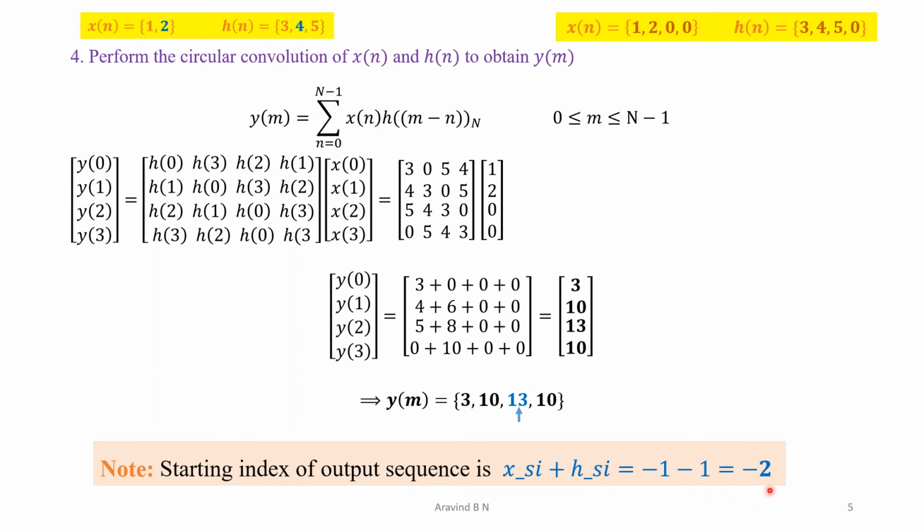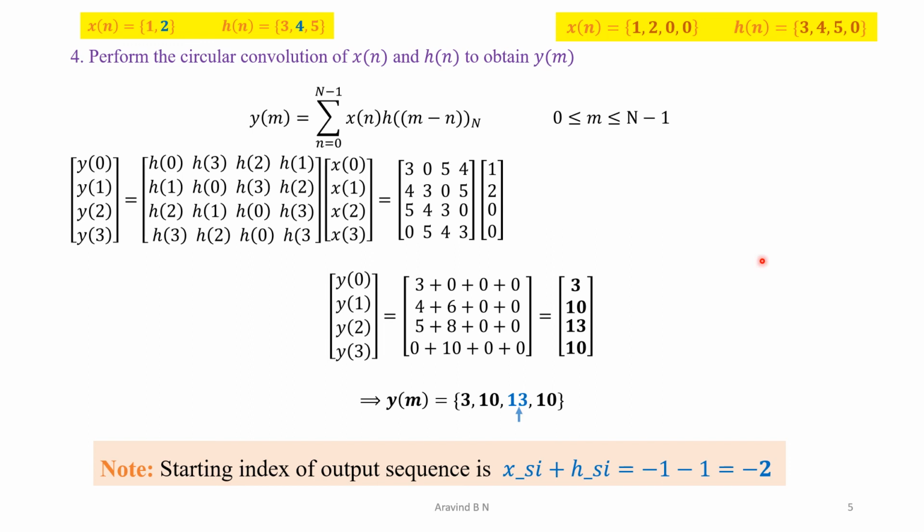Therefore, we get the position value of the very first element in y of m as minus 2. So the position of the value 3, the very first element in y of m, is minus 2. Then position minus 1, then this is 0. That's why 13 is going to be the origin.